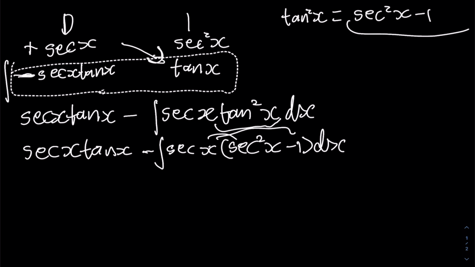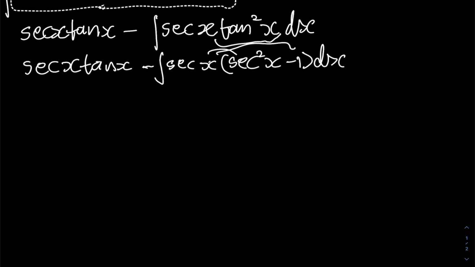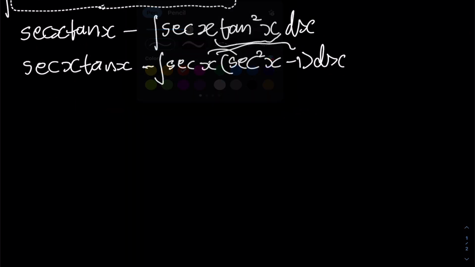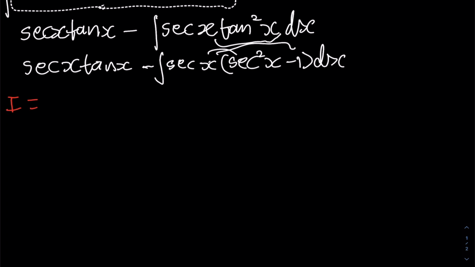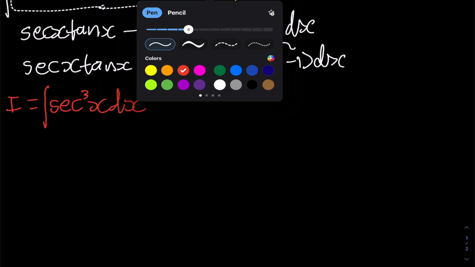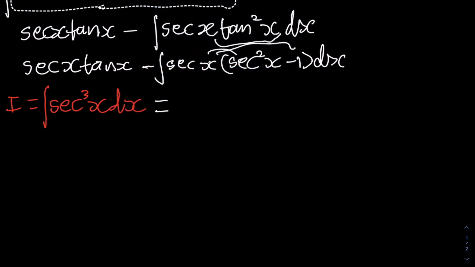I'm writing this down on purpose: I'll say some variable I is equal to the integral of secant cubed x dx. And now I'm going to say that that is equal to all of this that we've worked out here. So this is equal to secant x multiplied by the tangent of x minus the integral. And now let's distribute these brackets. So we have secant x times secant squared x, so that's secant cubed x.